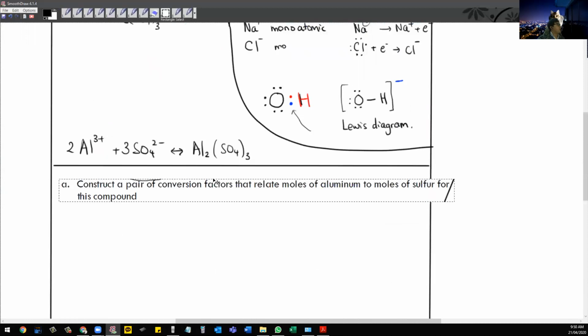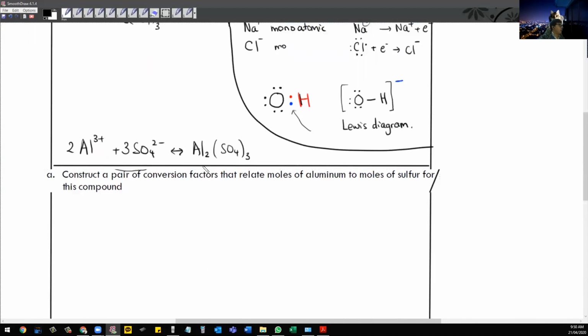Because we're only concerned about the numbers, we can just decompose them this way. All right, so you have Al2(SO4)3. We just write 2 Al. Don't worry about the charges. And there's 3 S's, right? And then how many oxygens are there? There's 12 oxygen, true? Like that.